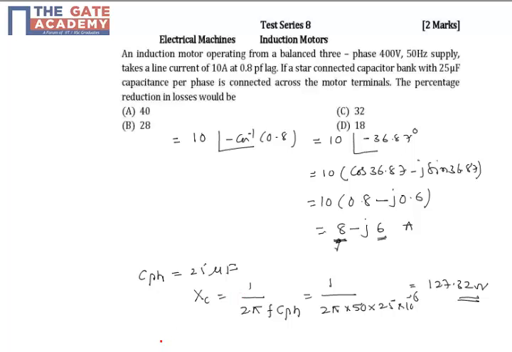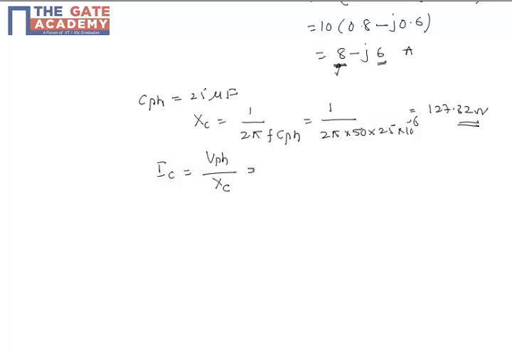Now the capacitive current is equal to V per phase by Xc. So V per phase is 400 by root 3, divided by 127.32. So this is equal to 1.81 amperes. So this capacitor is supplying 1.81 amperes.